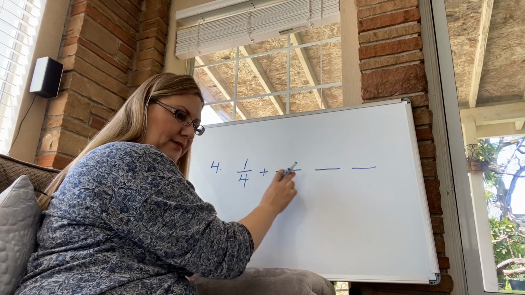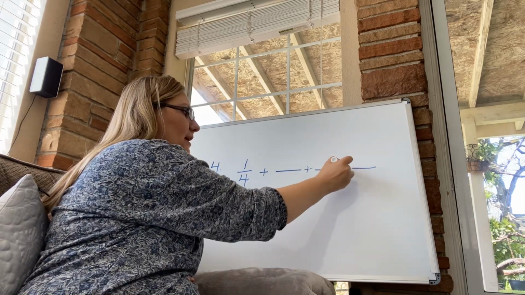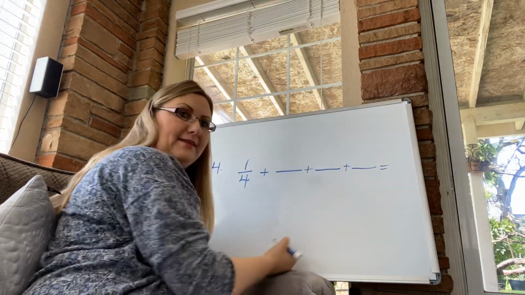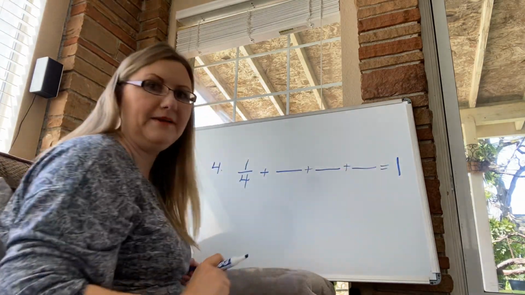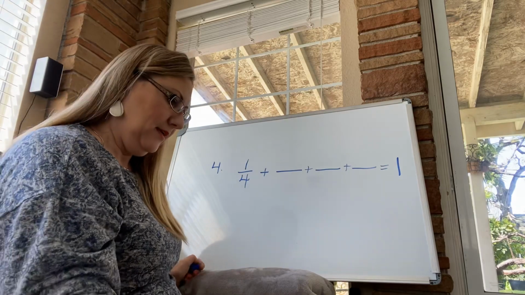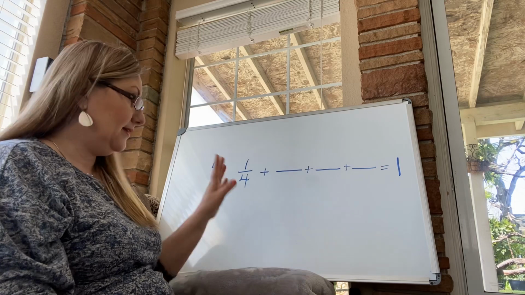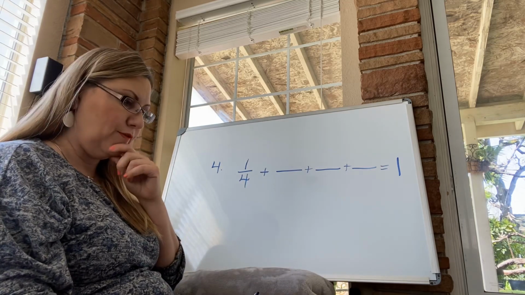Let's see, 1, 2, 3, that each have a plus sign in between. And then finally at the end, we have equals 1, right? So I've just simply drawn exactly what is already on your paper, number 4.